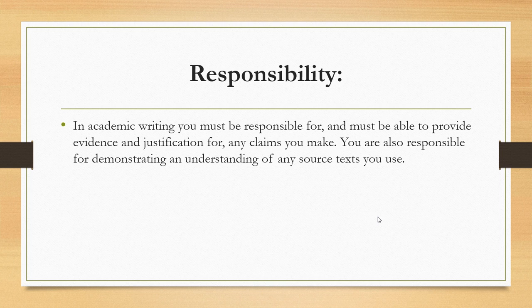I have already taught you while teaching essays that whenever you write an expository essay, you must put the evidence and the justification for the claims you make. Essay writing is also academic writing.